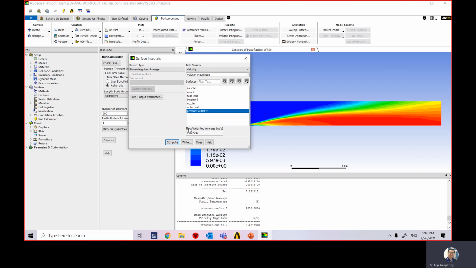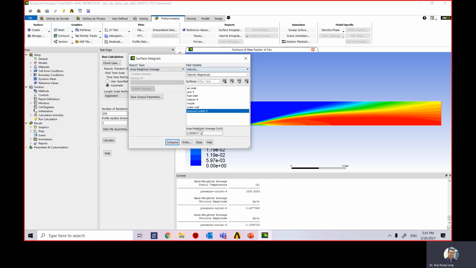After that, for velocity, we are not going to use mass weighted. It will be area weighted average. For velocity magnitude, we use area weighted average. So click this one, we click compute. All right. So under the report type area weighted average, we will get 3.3.